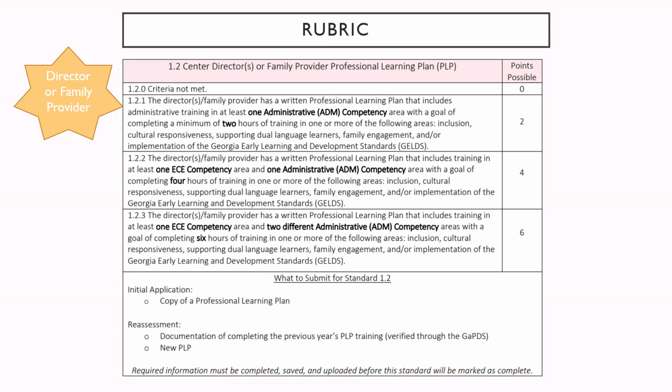For 4 points. At the 6-point level, the director or family provider has to have a written PLP that includes trainings with at least one ECE competency and 2 different admin competency areas, with a goal of completing at least 6 hours of training that focuses on the listed training areas.